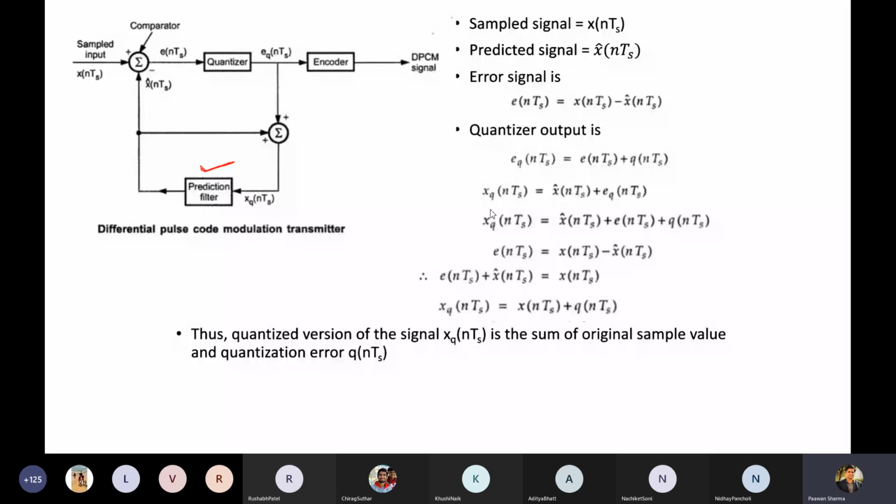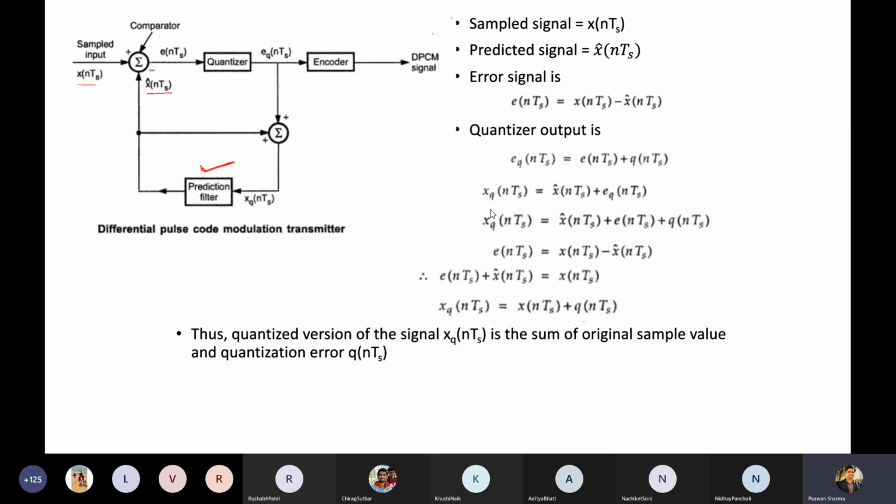What is the difference? That is the error between the prediction and the actual value. We use this error e(nTs) to further quantize. We quantize the signal into eq(nTs), and then we encode the same error difference into the DPCM signal.